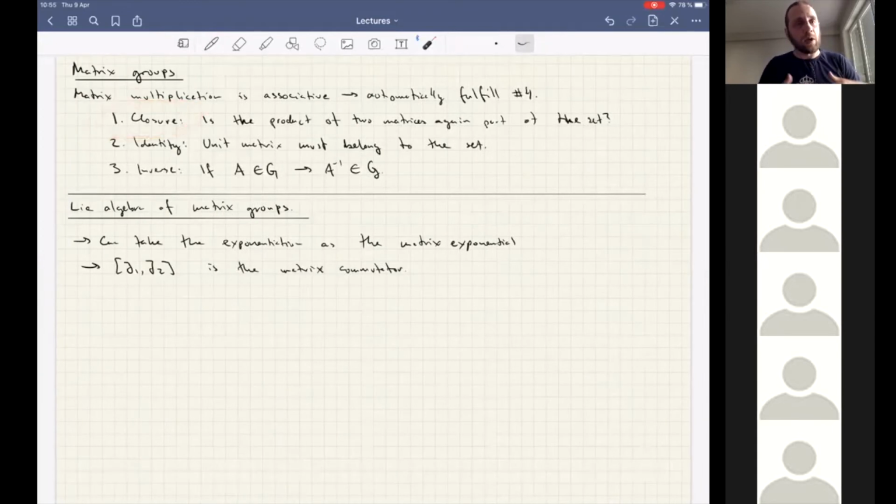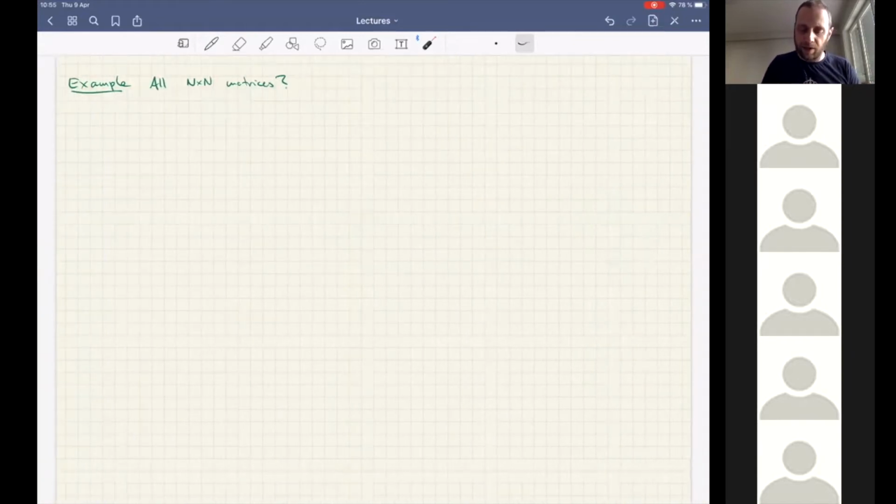Closure: if we multiply 2 n by n matrices together, it's an n by n matrix. So it does satisfy 1. Identity: well, the identity matrix of n by n matrices is an n by n matrix. So 2 is also satisfied. However, in general, matrices are not invertible. So the set of all n by n matrices cannot form a group. This is not a matrix group.